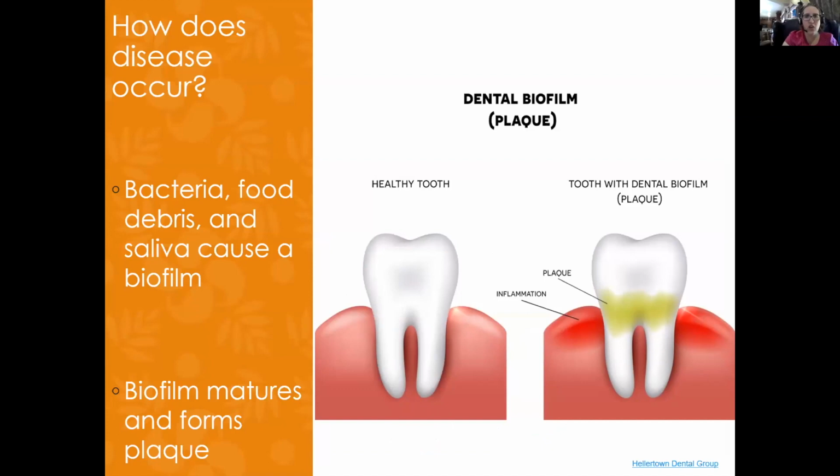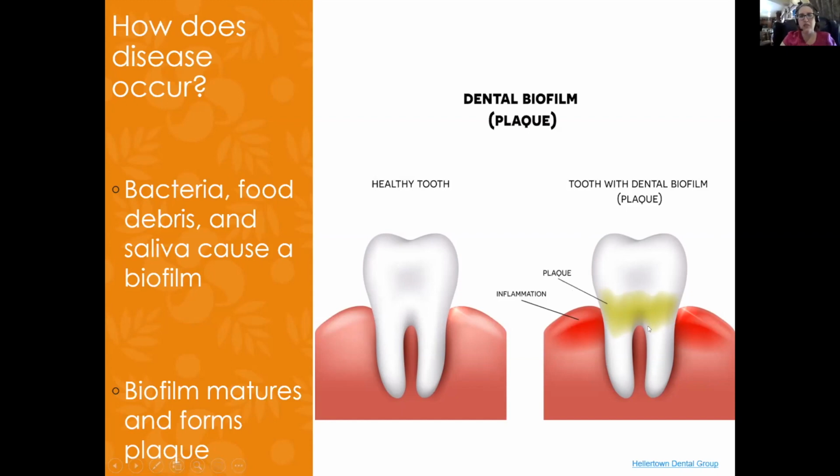So this picture depicts a healthy tooth with no inflammation or infection around it. Bacteria, food debris, and saliva cause a biofilm. So if you brush your teeth at night, by the time that you wake up in the morning, you have a film over the tooth. That is a biofilm, which is depicted in this image here. So the bacteria, the food, and the saliva form a biofilm.